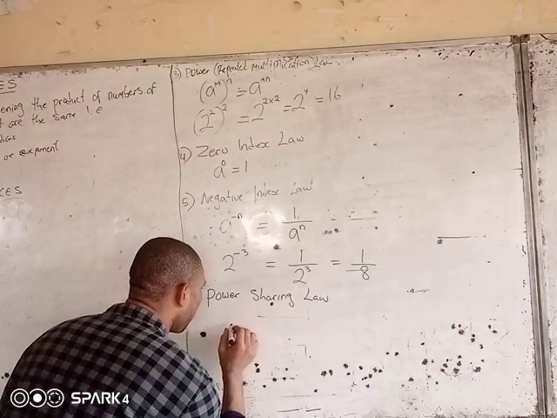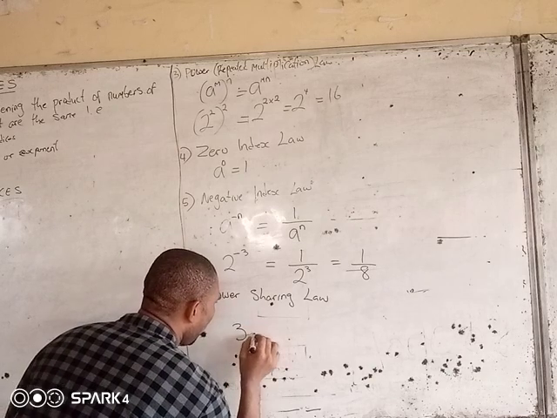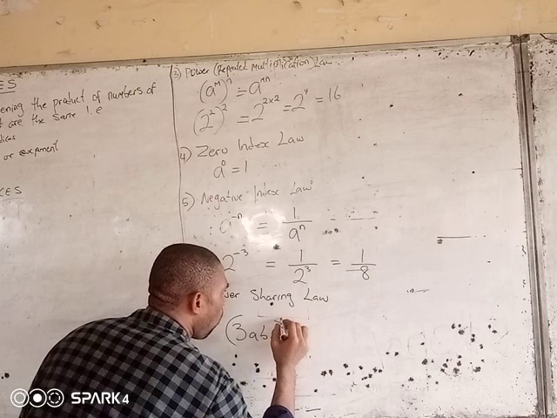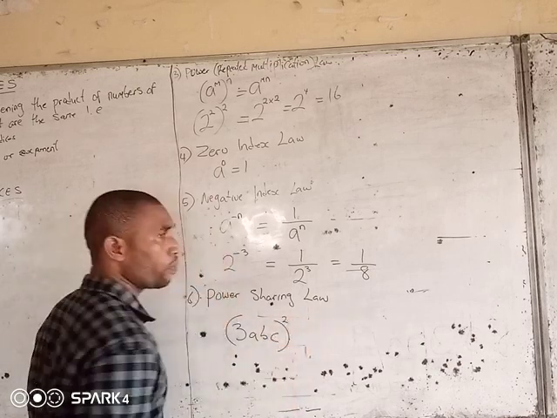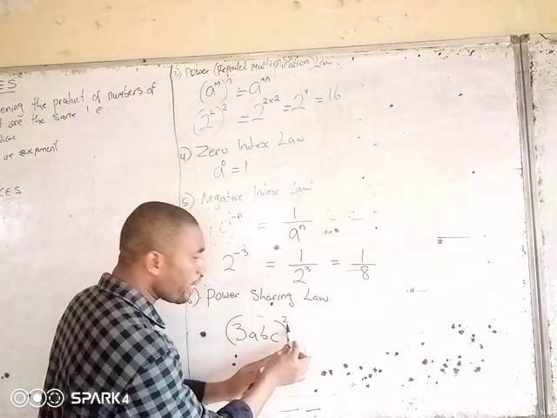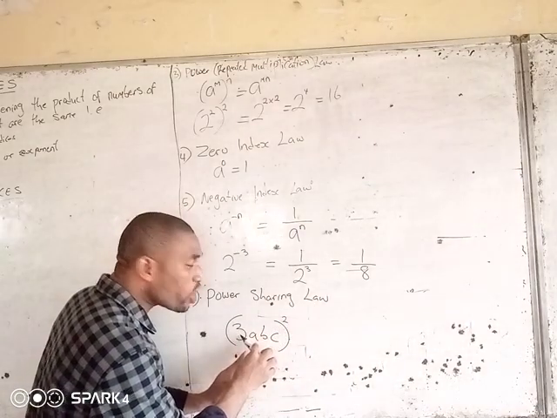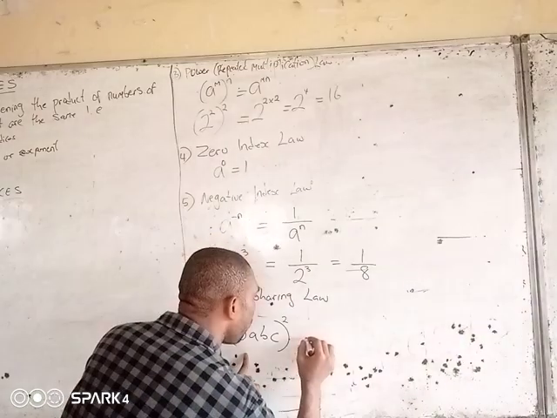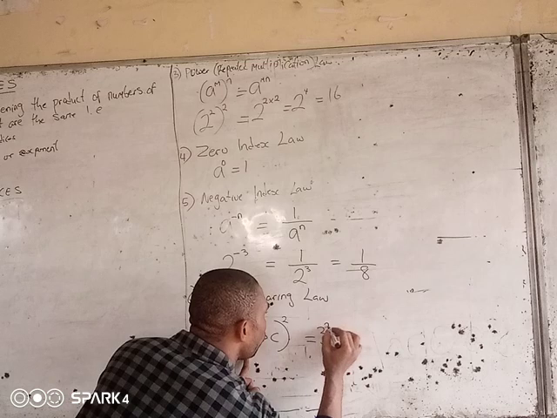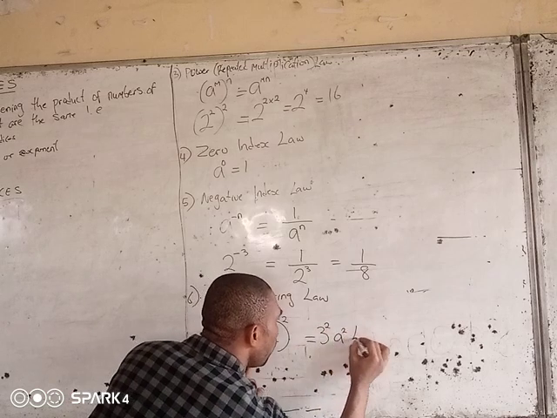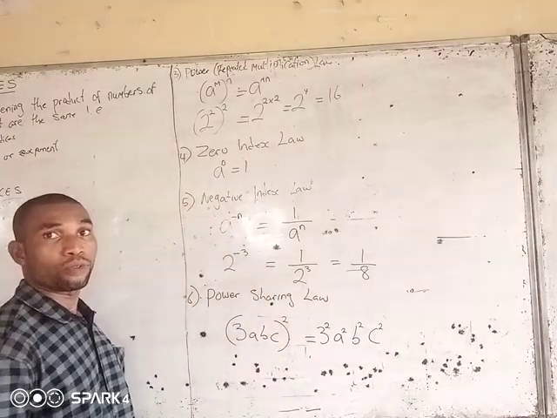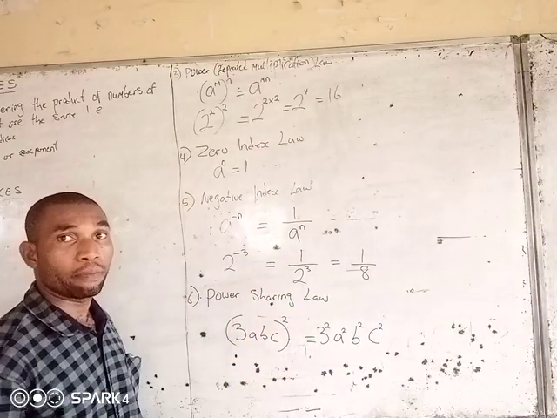For example, if you have 3abc raised to power 2, from the word power sharing, this power is distributed across each of the bases, which means the result can be written as 3 raised to power 2, a raised to power 2, b raised to power 2, c raised to power 2.